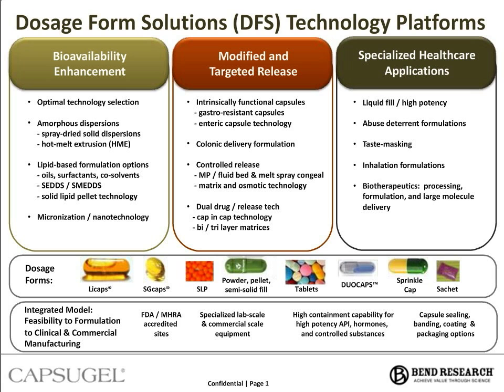In the bioavailability enhancing area, the main technologies that we utilize are in the amorphous, nano microcrystalline, and lipid and liquid-based technologies. And with that wide range of technology offerings, we're able to really mate up the right technology with the problem statement that the client has.